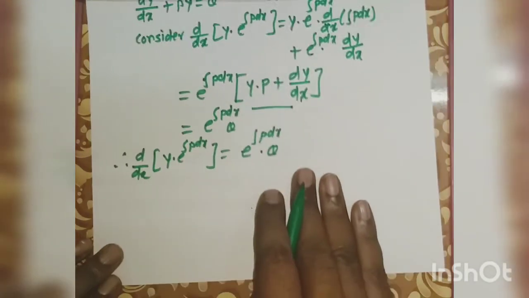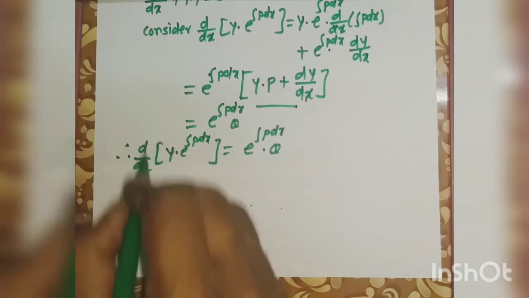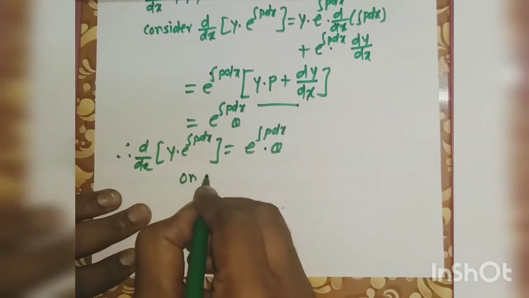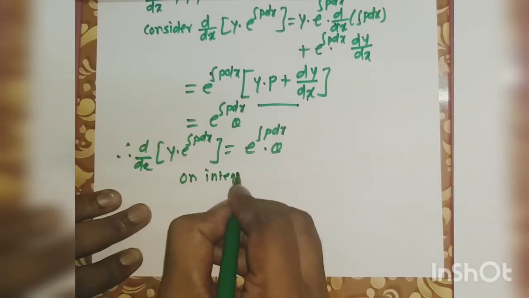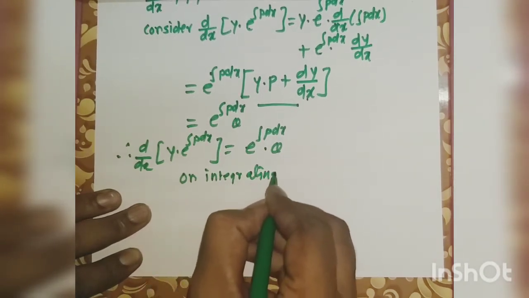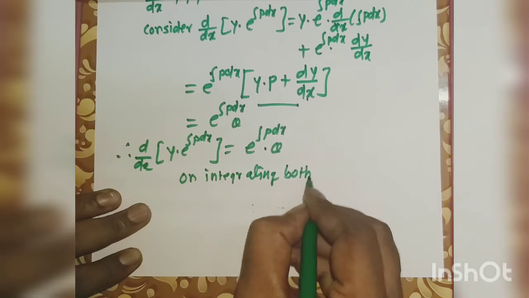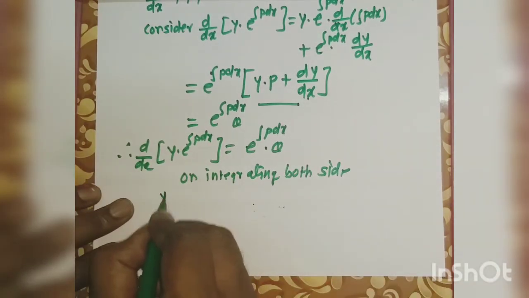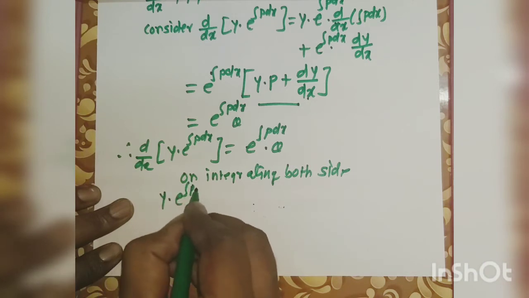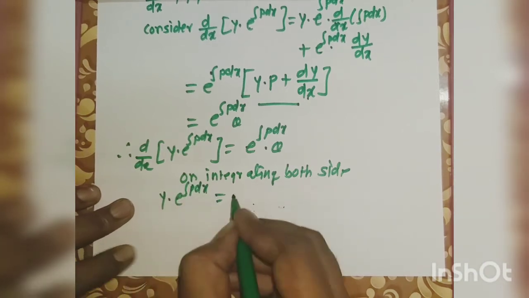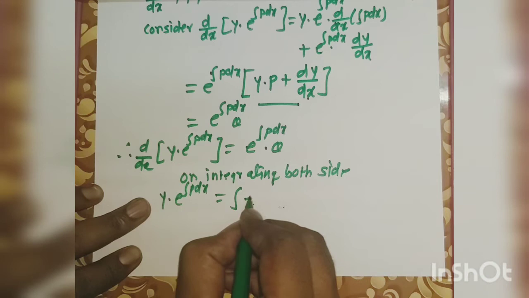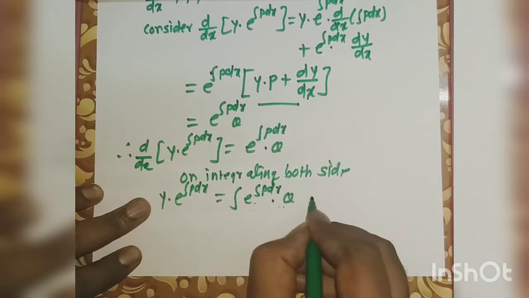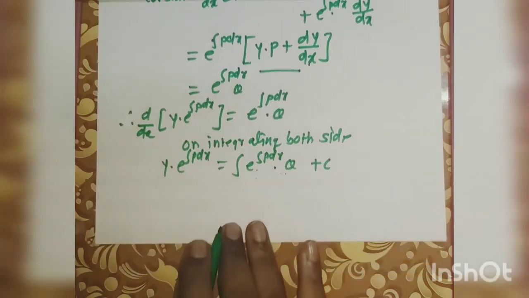Now, by taking integration on both sides, on integrating both sides, the left hand side derivative cancels, that is, y into e raised to integration p dx is equal to integration of e raised to integration p dx into q, plus c.